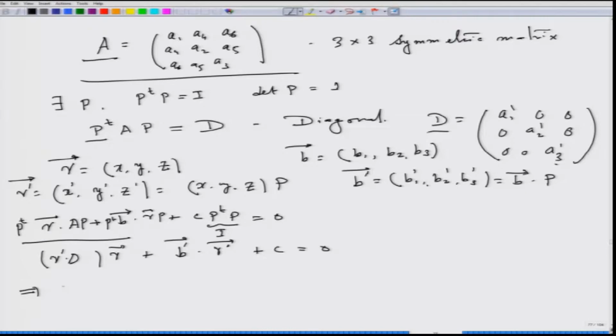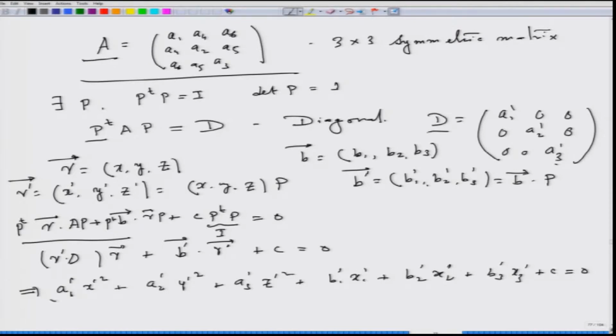So, this becomes A1 prime x prime square plus A2 prime y prime square plus A3 prime z prime square plus B1 prime x1 prime, B2 prime x2 prime plus B3 prime x3 prime plus C equal to 0. So, this equation I have reduced into this, but in reduction what I have done?